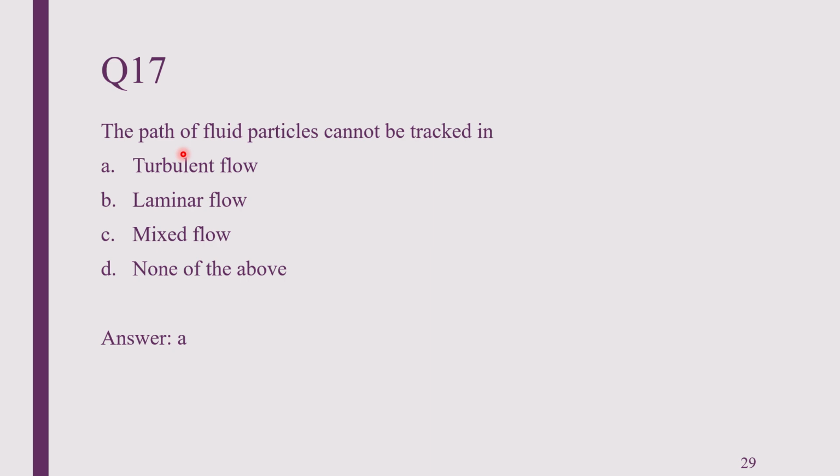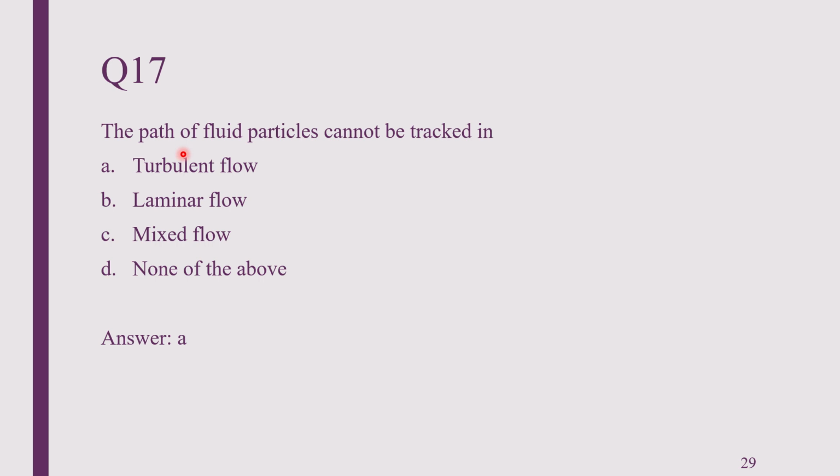So we can track the fluid particles in a laminar flow. Each layer of fluid, the force transmission and everything would be uniform. So in laminar flow, ordered motion of the fluid would be observed, so fluid can be tracked in laminar motion.